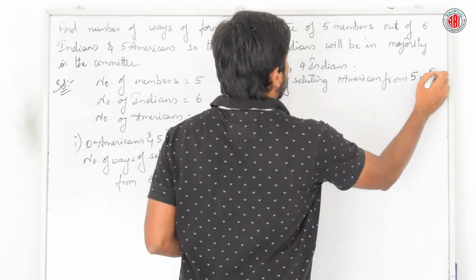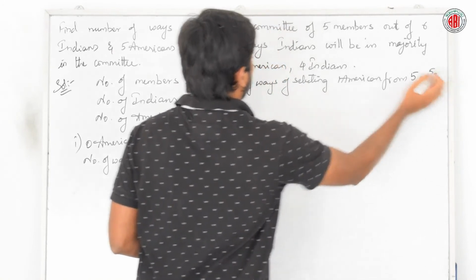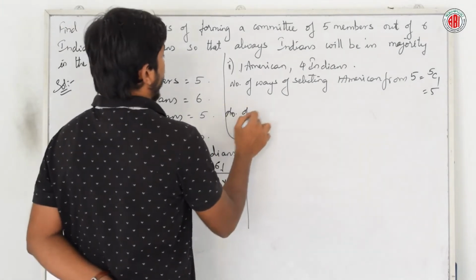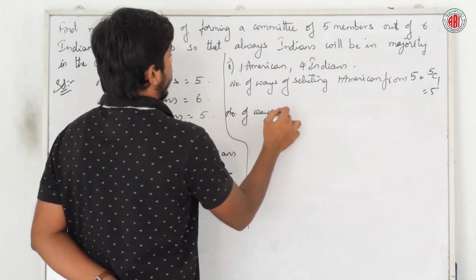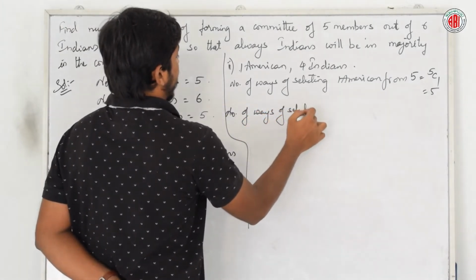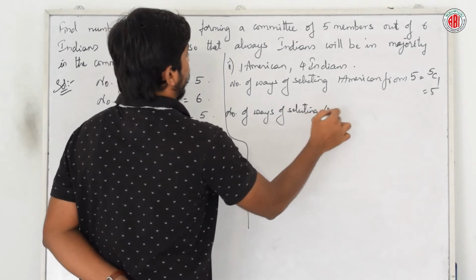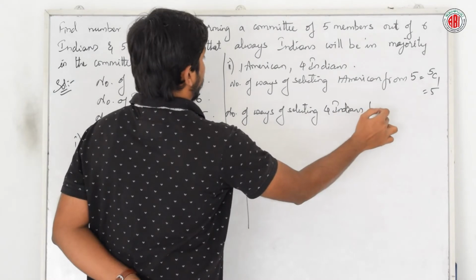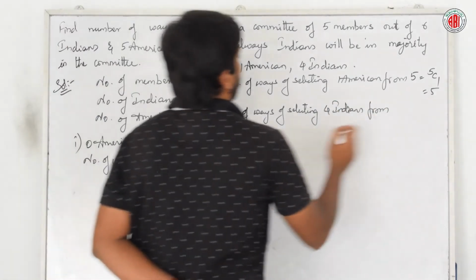That is 5C1, which is 5. Yes or no? Fine. Next, number of ways of selecting 4 Indians from how many? 6 people.